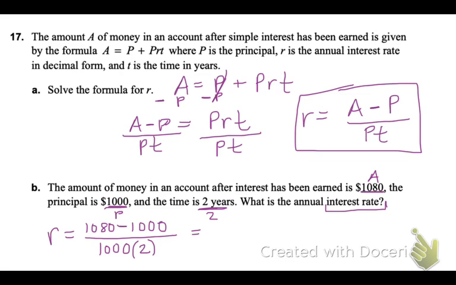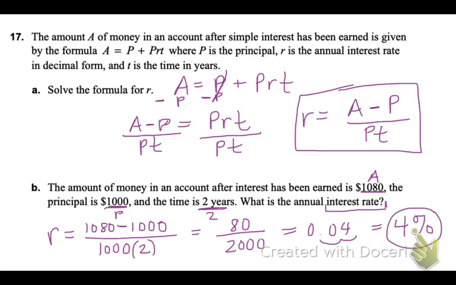So to simplify this, we would get 80 divided by 2,000, and when you divide, you get 0.04, which is equal to 4%. So remember, to change a decimal to a percent, you want to move the decimal place 2 places to the right. So the annual interest rate is 4%.